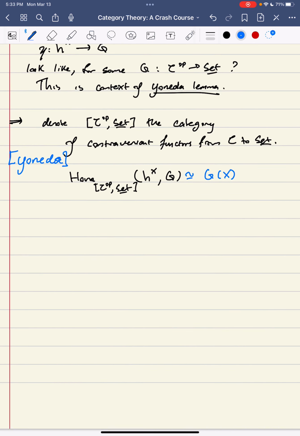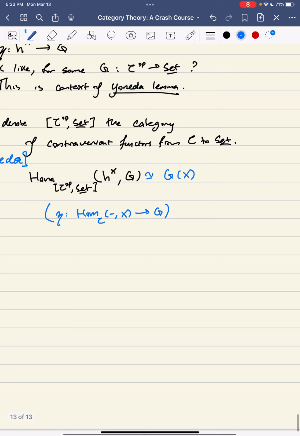So every natural transformation, let's say eta from h to the x, every one of these things corresponds uniquely to some element in the set g applied to x, whatever the functor g is. This is a bijection.